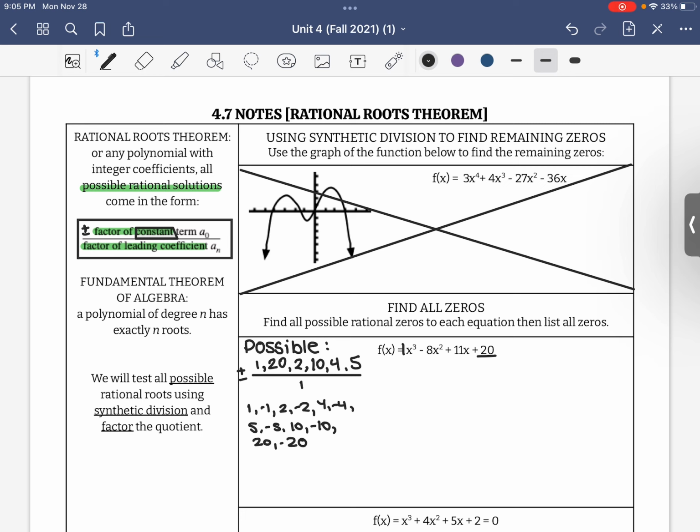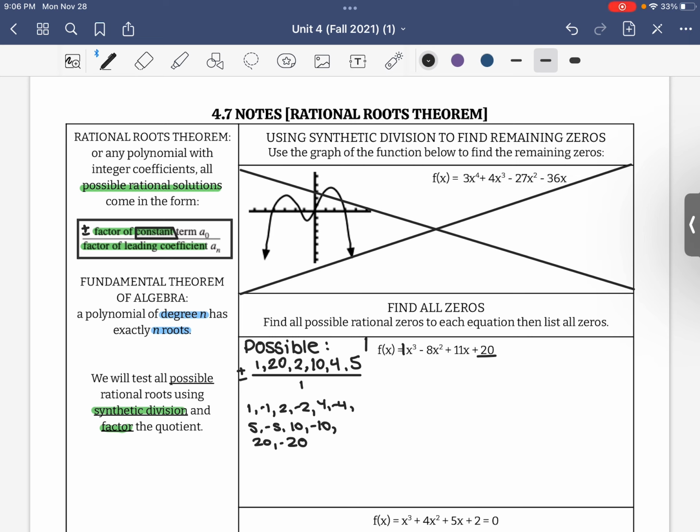And basically what we're going to do today is test these using synthetic division and use that answer to synthetic division to factor and find the rest of them. Just a reminder that if the polynomial has a degree of n, then that's how many roots it has. So x to the third is always going to have 3 roots. X to the fourth is always going to have 4 roots.